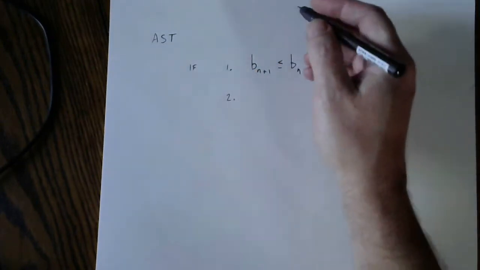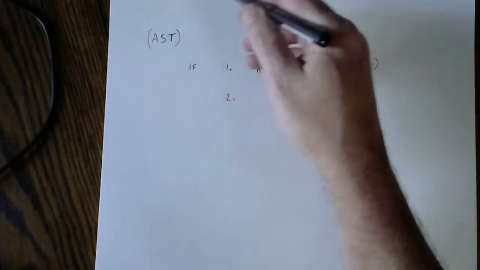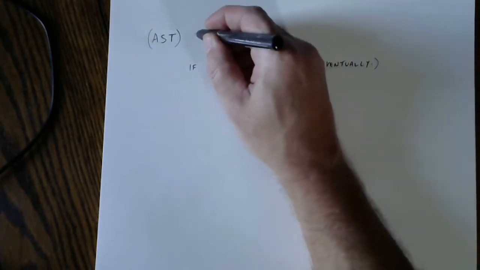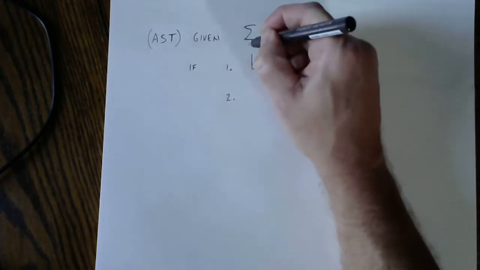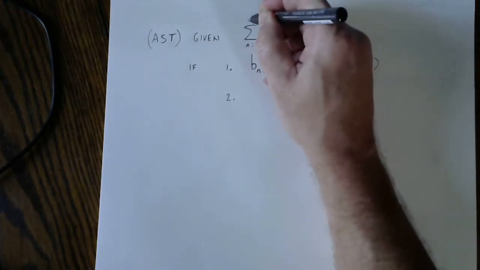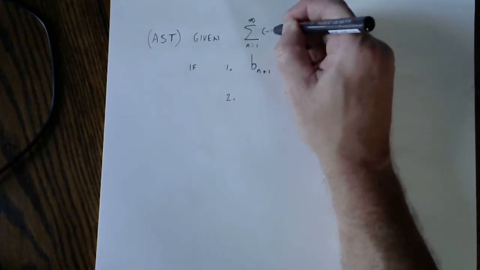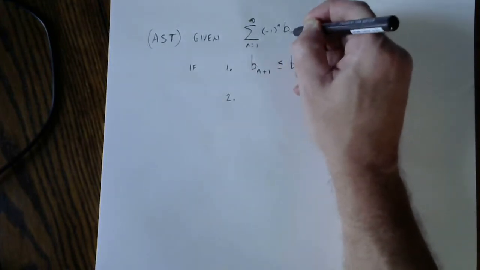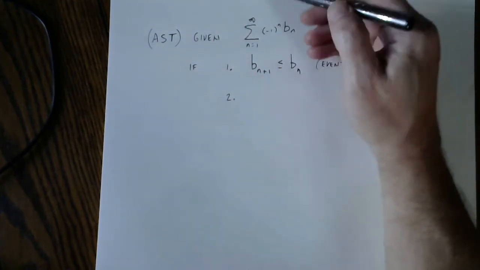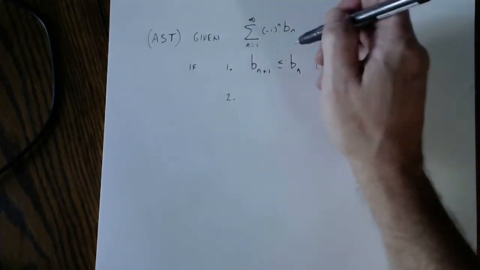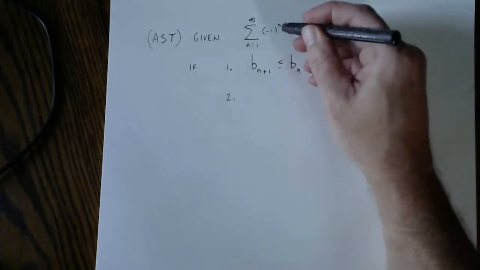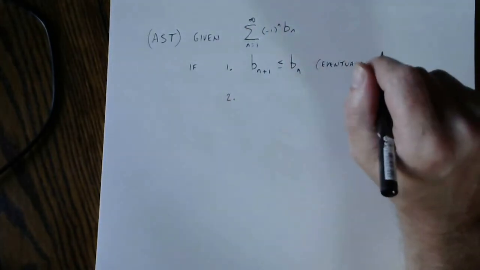And 2, I want to add something here and make this a little better. I'm going to put what I just had on the last page. So what I'm just saying is, given an alternating series, and the Bn that we're addressing here is the numerical part. It's the part without the alternator, right?